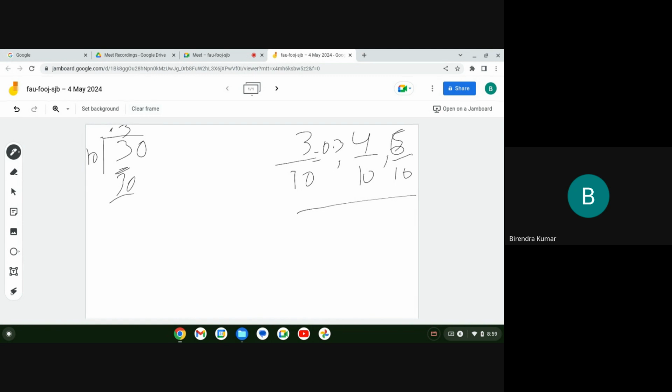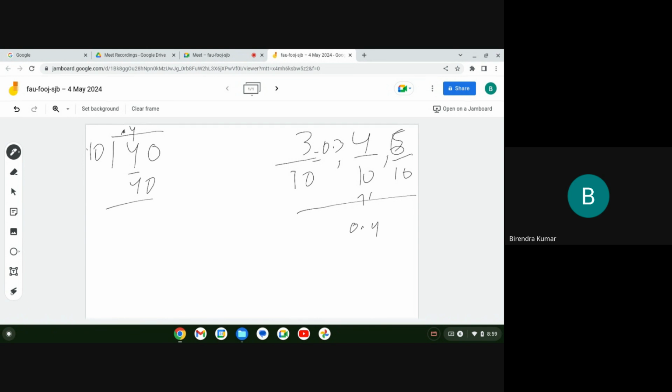Okay. Now let's do 4 by 10 also. Divide 4 by 10. 4 is smaller than 10. I need the decimal magic. Decimal brings 40 here. 10 times 4 is 40. So this became 0.4.